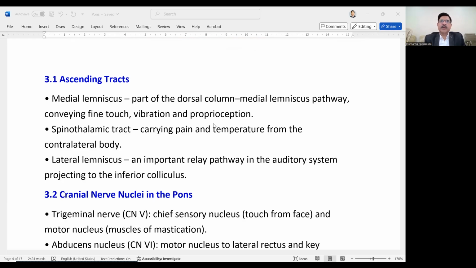Now, describe the ascending tracts in the dorsal and ventral part of the Pons. This is a short note, let us say. So, just say what are the tracts in the ventral part and what are the tracts in the dorsal part.